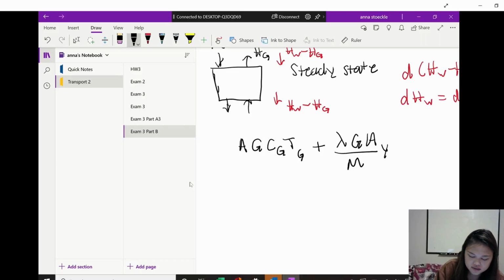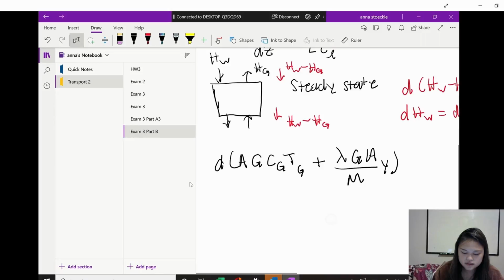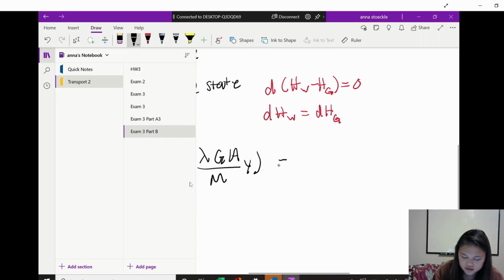So we're going to take the derivative of it. And this differential is going to be the differential change of enthalpy in the gas phase. And so now we want to set the enthalpy of the gas phase, so this just equals that variable.